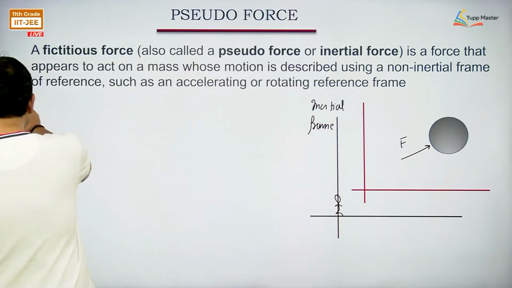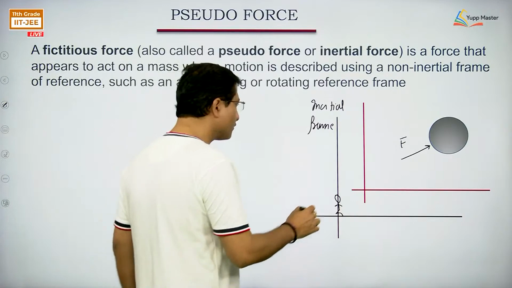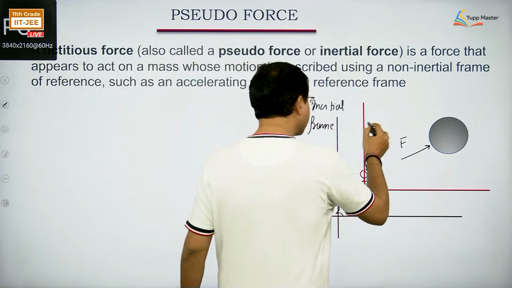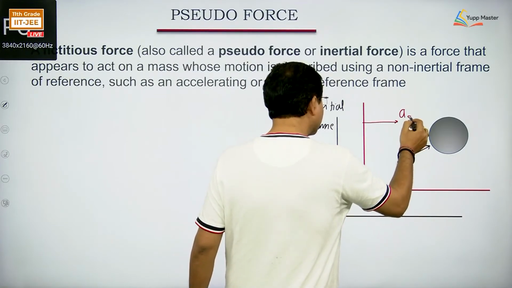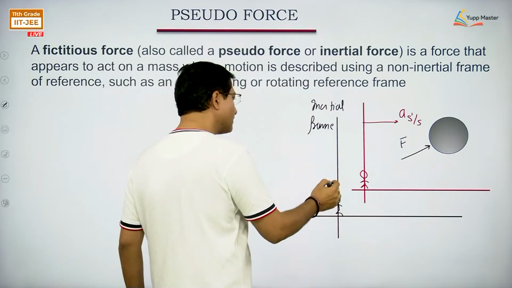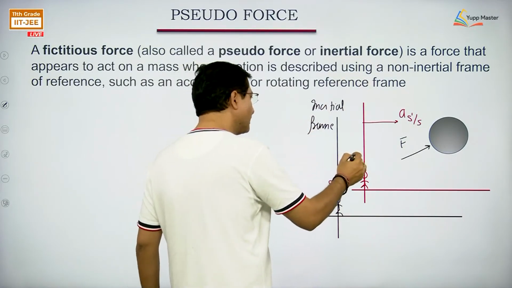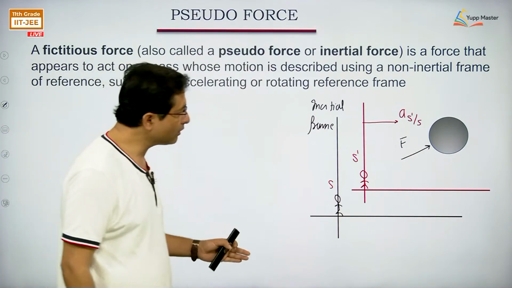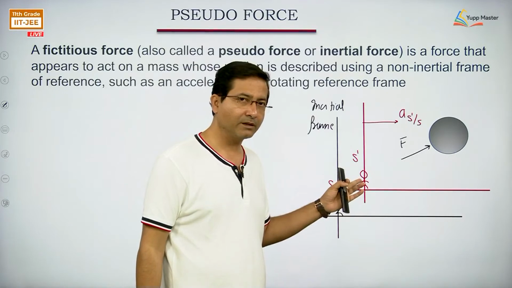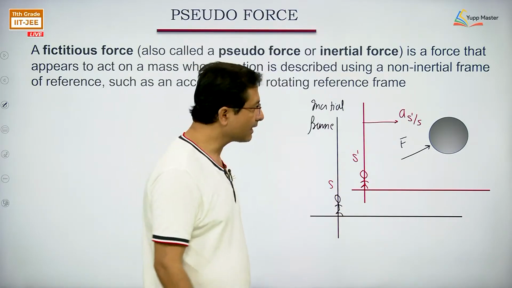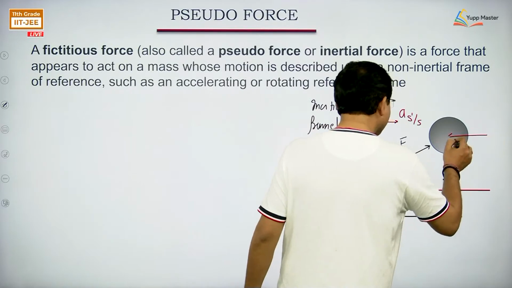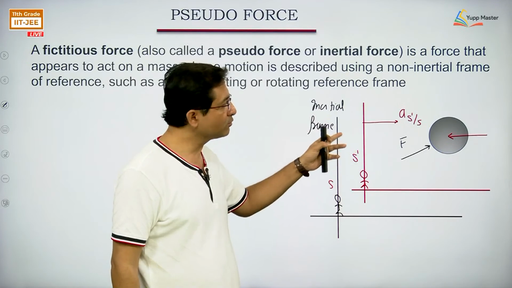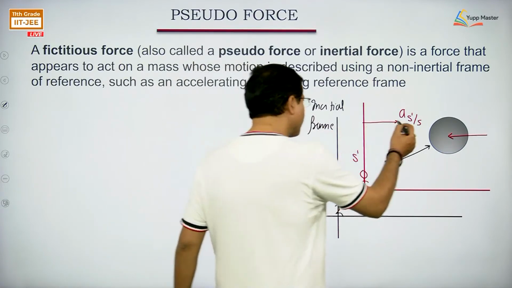And if I want to go to a frame which is accelerating with respect to this frame, say with acceleration of S dash with respect to S, where S is the inertial frame and S dash is the non-inertial frame, then if I want to apply Newton's law with respect to this frame, in the last class we have seen that I need to add one force which I call pseudo, whose direction is opposite to the direction of acceleration.